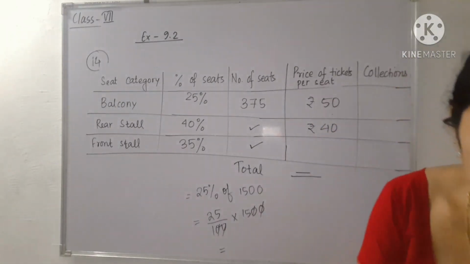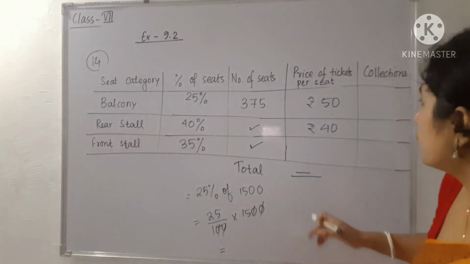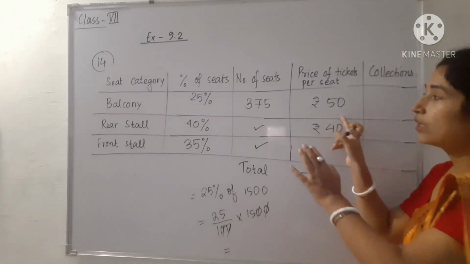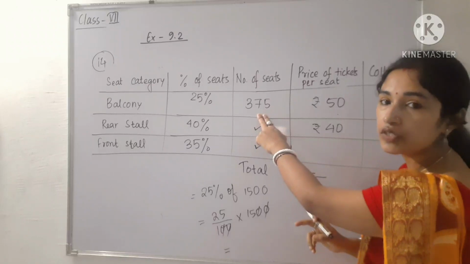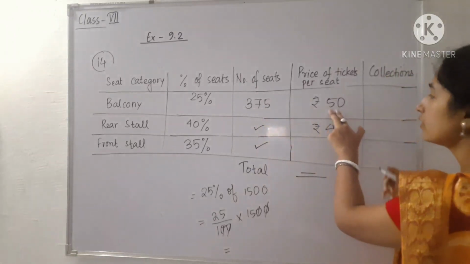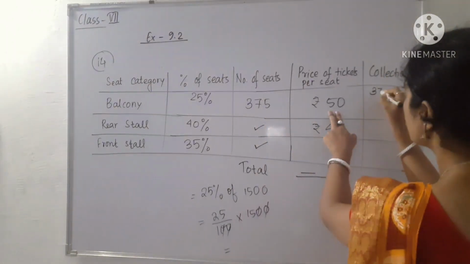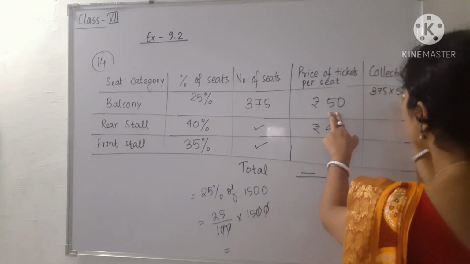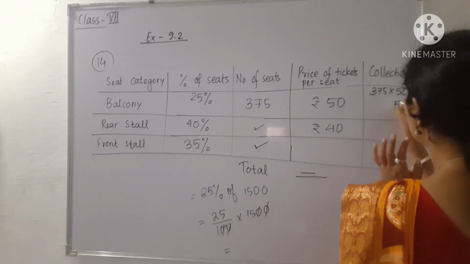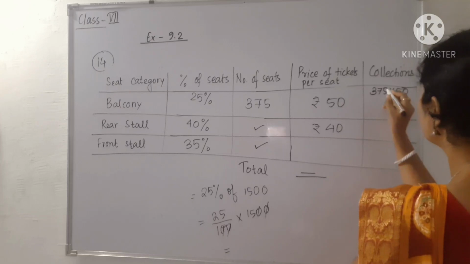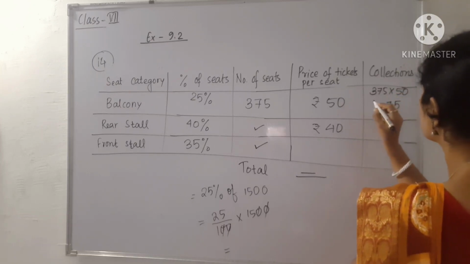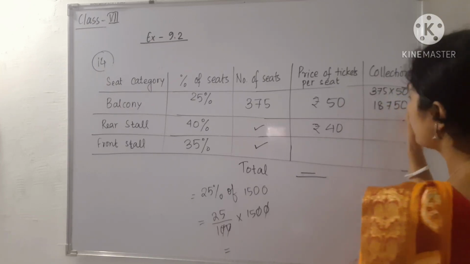So now see, for one seat, if the price of the ticket is rupees 50, then for 375 seats it will be 375 into 50. So you have to multiply 375 with 50. So it will be 5 5s will be 25. This will be 18750.